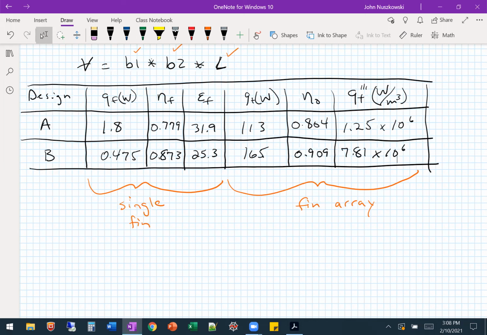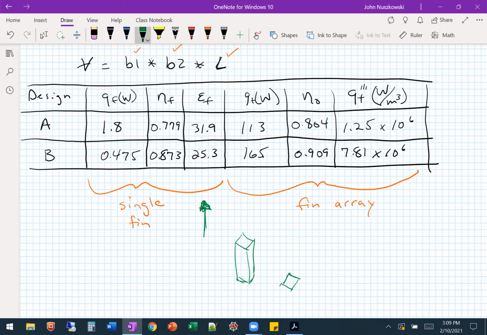A couple of things: we see effectiveness showing very good values, 25 and 32. That's what the effectiveness means: we have this fin versus if there was no fin.